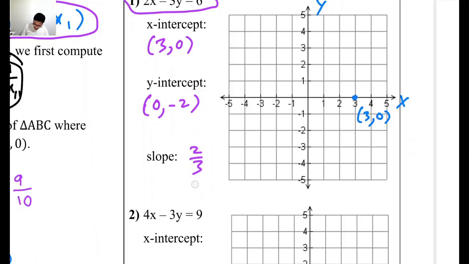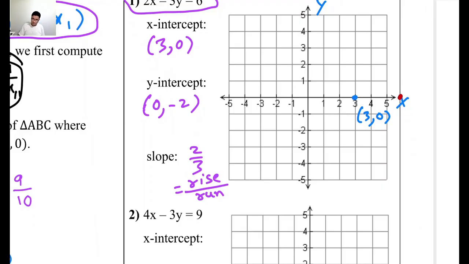And remember the concept of the slope. The slope is the change in y divided by the change in x. In the language we say change in y is the rise and change in x is the run, the vertical and the horizontal. Rise over run. So run is in the denominator, rise is in the numerator, which means if you go 3 units to the right, run is 3 units.